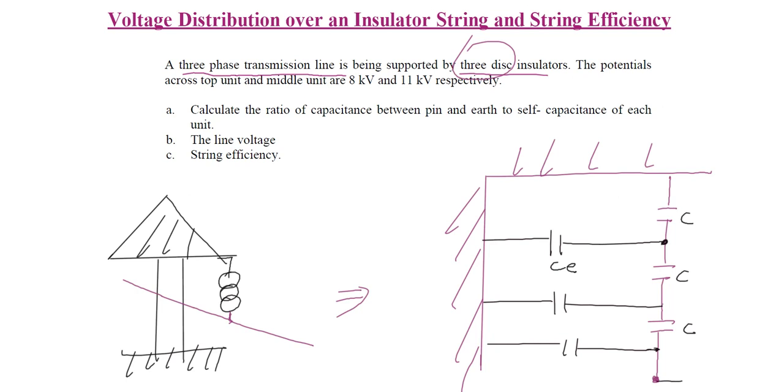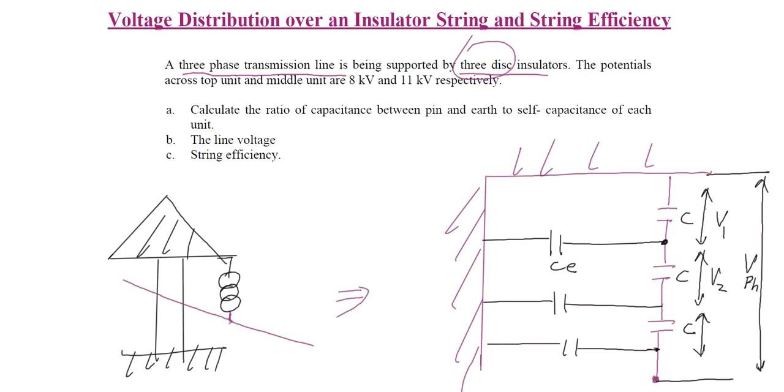Then the voltage from the line to the tower is our phase voltage, V phase. And voltage across each disk is different, so we will label them as V1, V2, and V3.